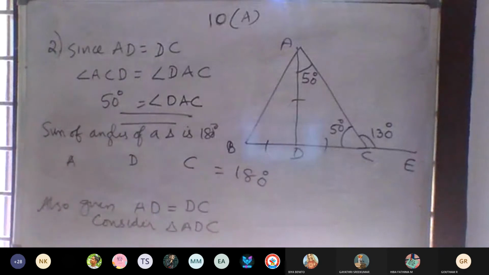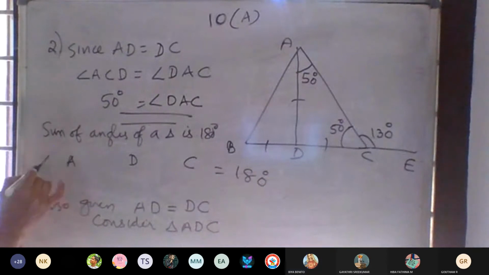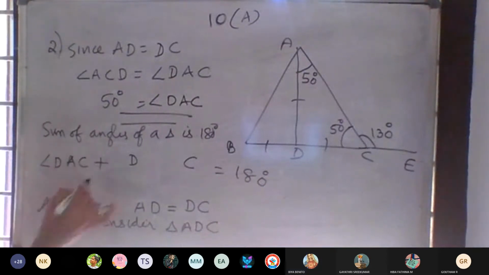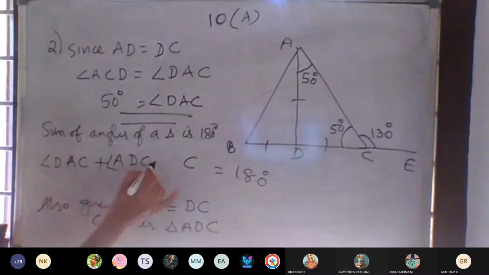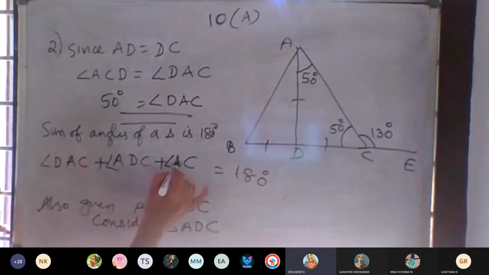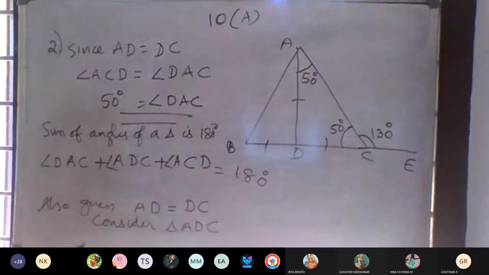So write the vertex: angle DAC plus angle ADC plus angle ACD is equal to 180 degrees.